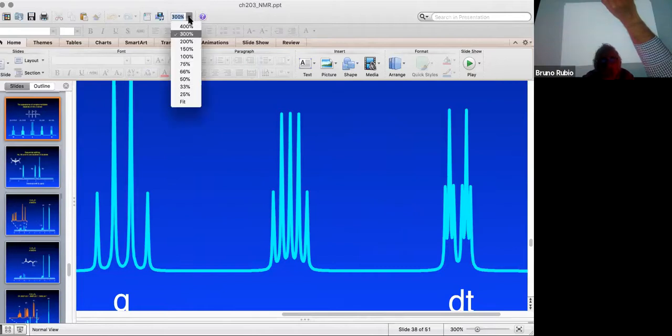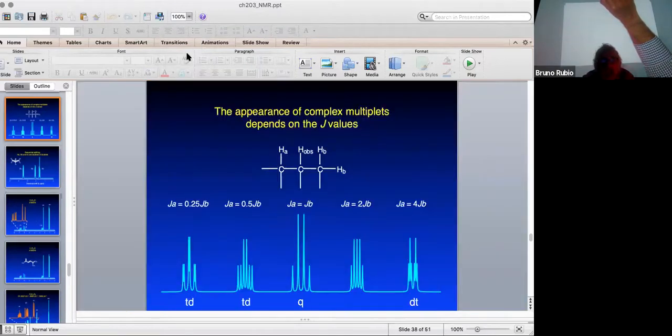It is triplets arranged in a doublet pattern. And the reason that these signals look different is because the coupling constants are different. Here, the JA, the triplet splitting, is much smaller than the JB. Here, the JA is much bigger than the JB, right?